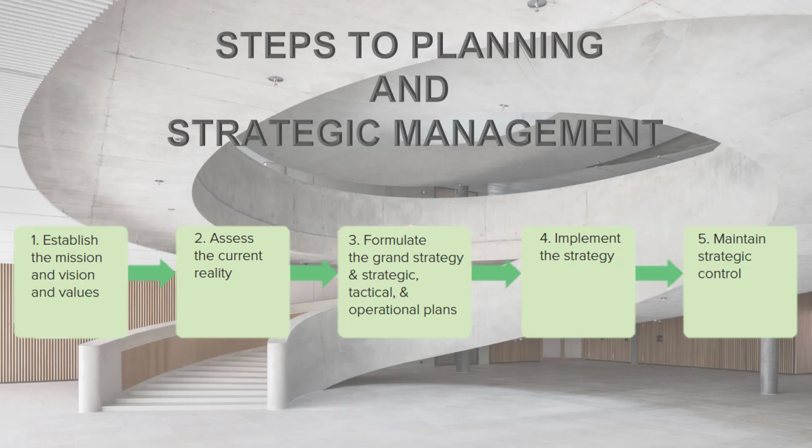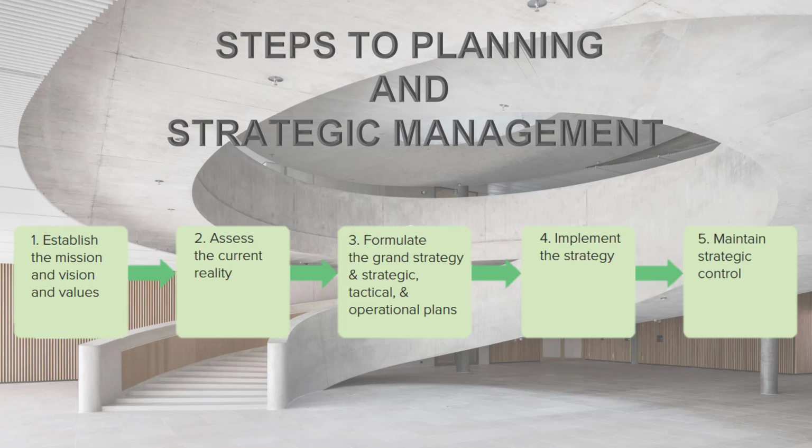Now, using our organization's mission, vision, and values as our foundation, managers are going to conduct strategic planning, then tactical planning, followed up by operational planning. Let's take a look at this in our strategic plan. First, we're going to establish those mission, vision, and values.